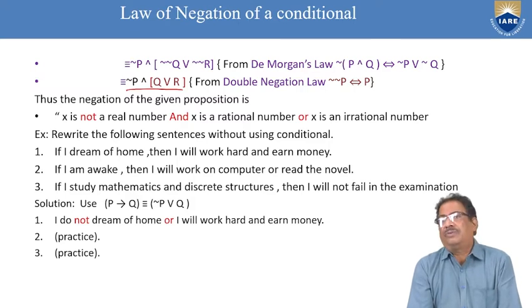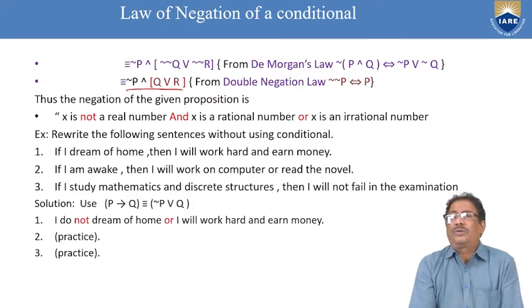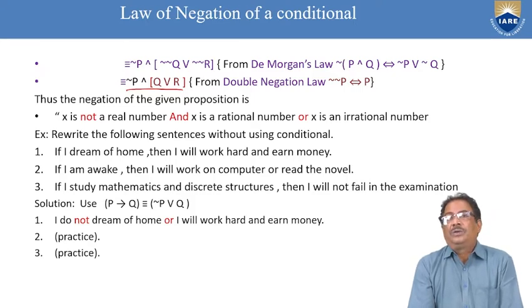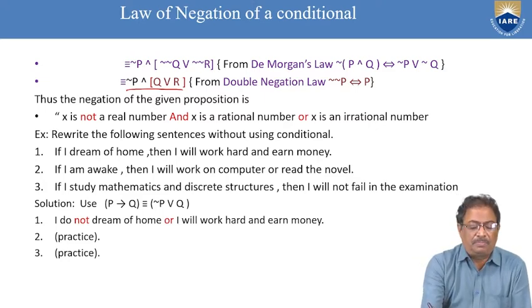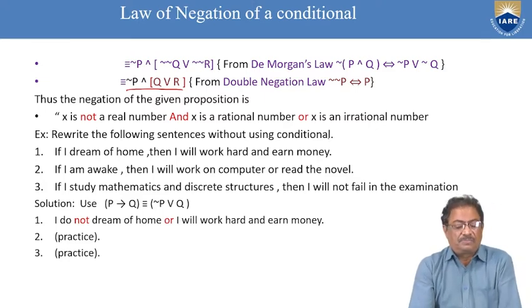That is the way we are going to do it whenever we write the negation of an English sentence: first write the symbolic form, then convert into the equivalent reduced form, and apply the negation. See, here are some of the problems. Similar concepts will be there.